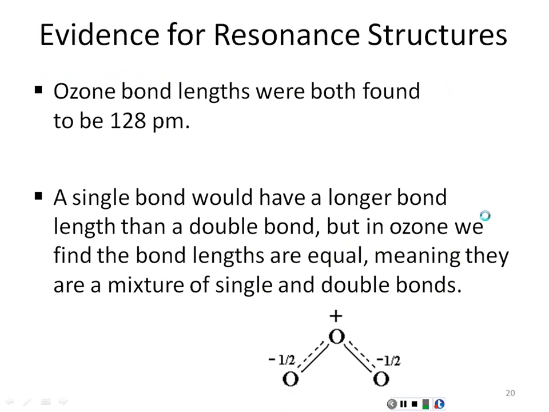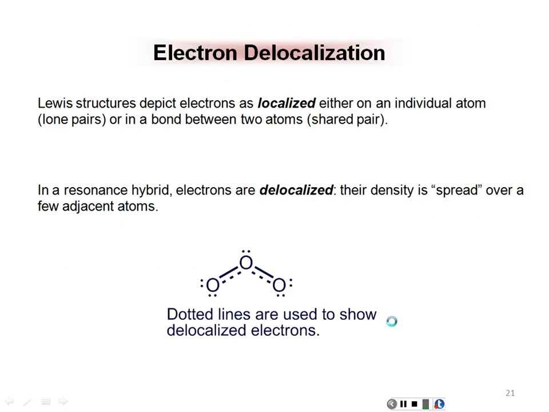And a better way to show this is shown down here with a dashed line on both sides. So a single bond would be longer than a double bond. But in ozone, the bonds are equal. So that means they really both are a mix between single and double bonds. And this dashed line way of showing electrons is called electron delocalization.